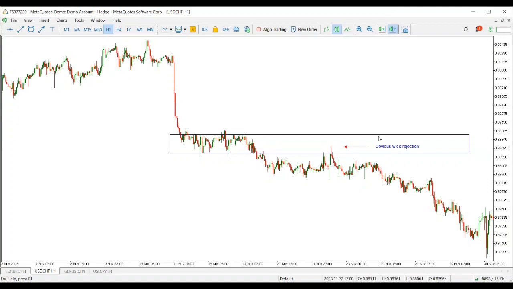Now, as you can see, when I said obvious wick, you can see how obvious this wick is. Of course, there are other wick rejections here, but you can see that this one is so obvious. Those are the kind of wick you should be looking for, not just any wick. Okay, obvious wick rejection, which is this. Now, if you check the second criteria, which is forming on the resistance, the first one, like I said, is with the major trend.